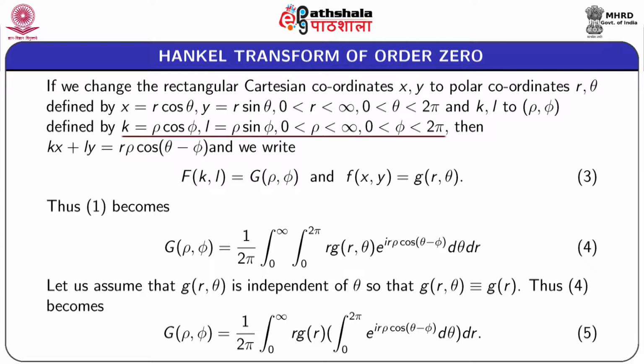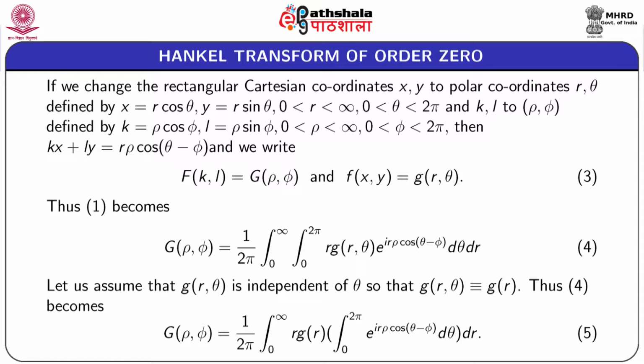Here also rho lies in the interval 0 to infinity and phi lies in the interval 0 to 2 pi. Then kx plus ly comes to r rho cos(theta minus phi), and we denote capital F(k,l) as capital G(rho, phi), and small f(x,y) as small g(r, theta), as given in equation 3.